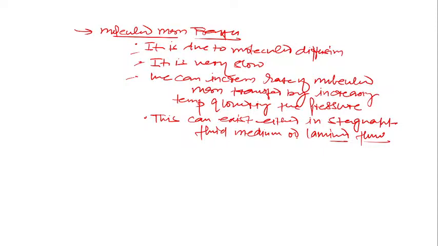So same thing here, if you observe the areas where molecular mass transfer can exist, one area is where the fluid is stagnant. Stagnant doesn't mean that there is no movement of molecules. Just try to understand the meaning of stagnant fluid medium.